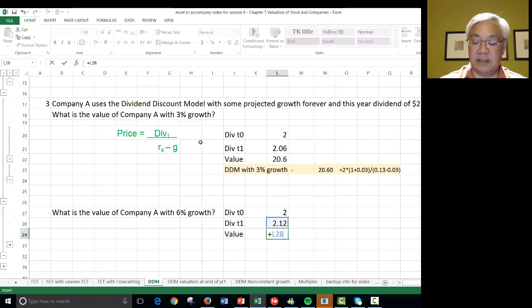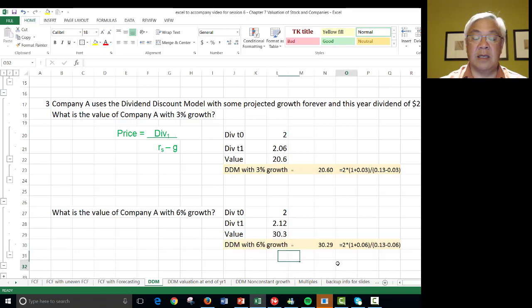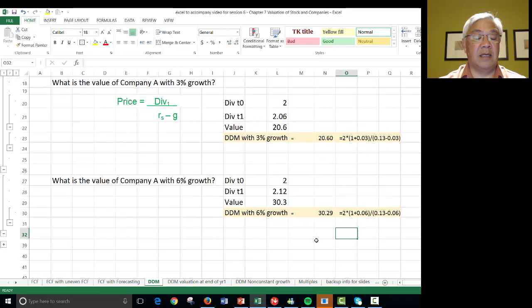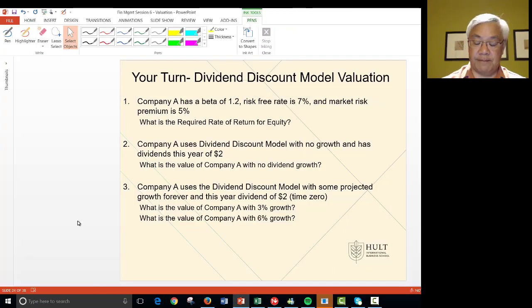We take T1 divided by the WACC of 0.13 minus the new growth rate 0.06. And so that is 30.29. Okay, that's quite a different number.